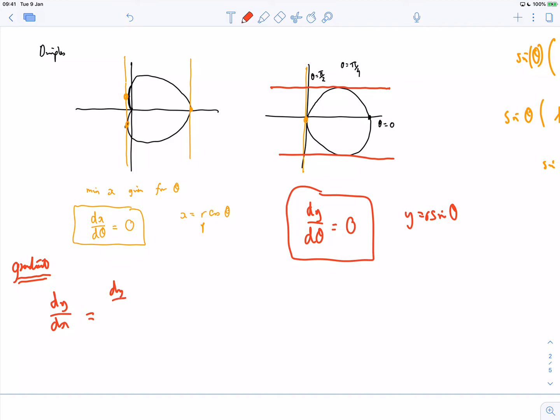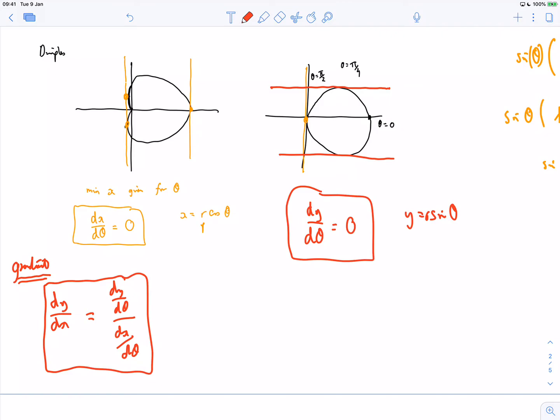This is just going to be dy d theta divided by dx by d theta. This is just parametric differentiation. You guys should be totally okay with that. Yeah, that's pretty much it.